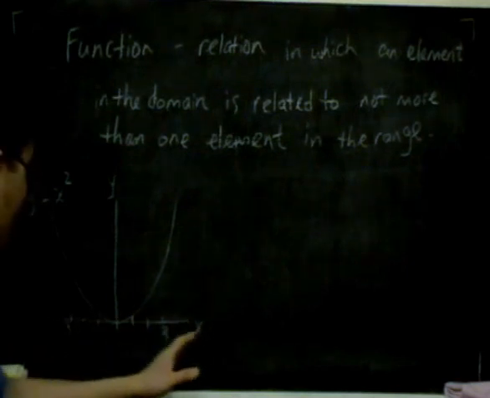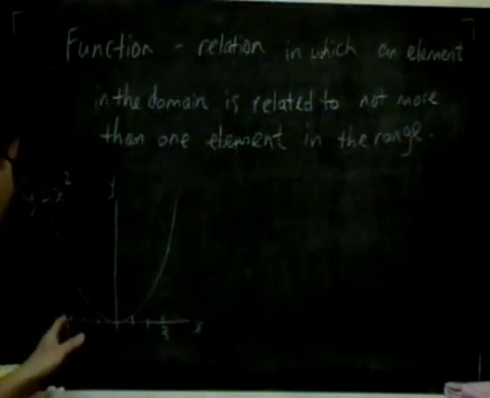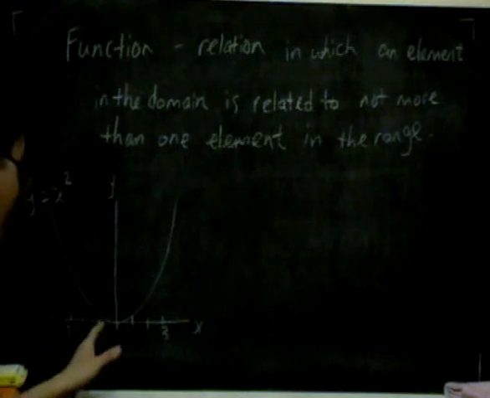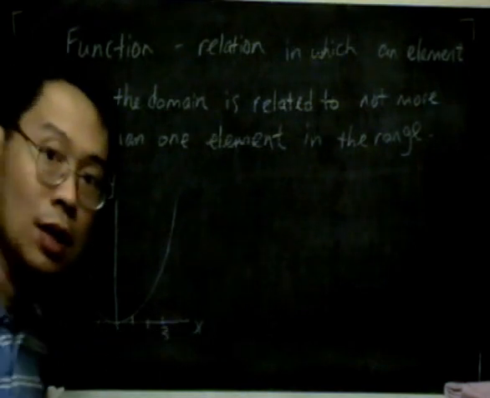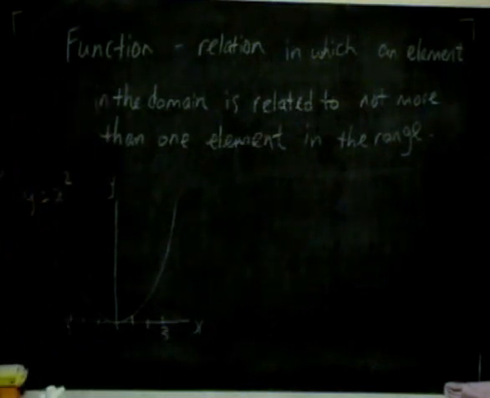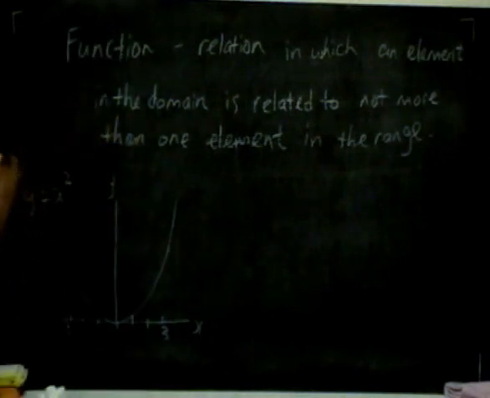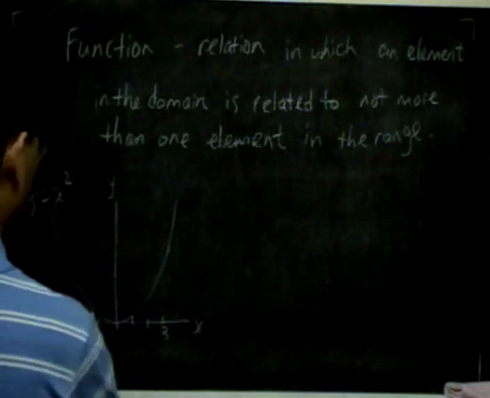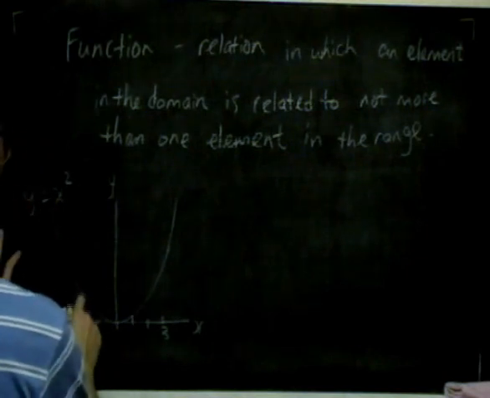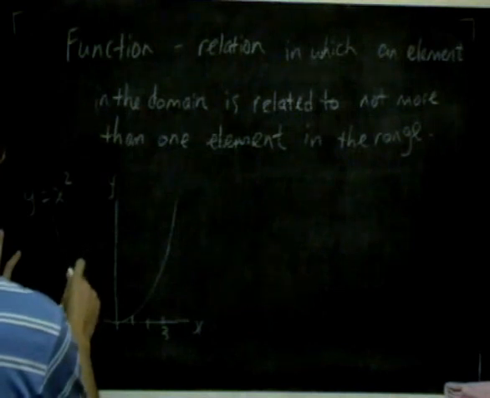So x can take integer values of -3, -2, -1, 0, and so on until 3. So that is my domain. Okay, and the corresponding values of y we can just read off from this graph. So 3 would be here.